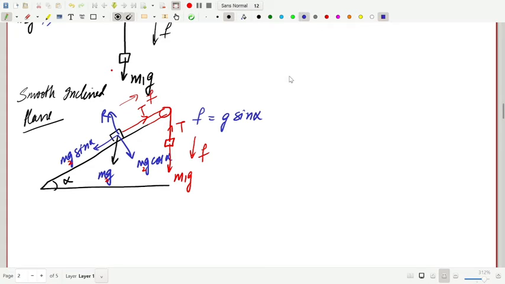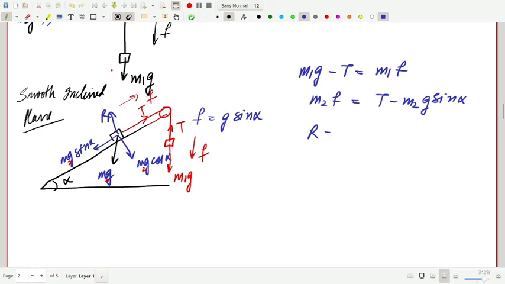Then more equations which we have are M1G minus T is equal to M1F, M2F is equal to T minus M2G sin alpha, and R is equal to M2G cos alpha.